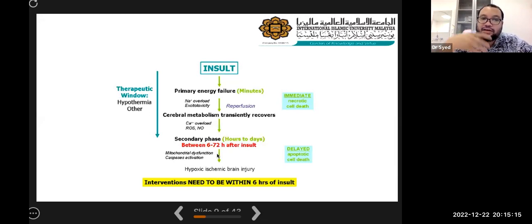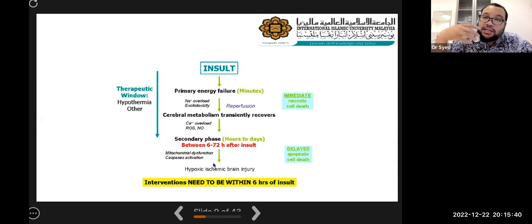These are the delayed action. So apa jadi? After 6 hours, now come the secondary phase. What happens is there will be mitochondrial dysfunction. The mitochondria will not be functioning properly. Tissue metabolism will be affected, caspase activation, and the result is delayed apoptosis and cell death.